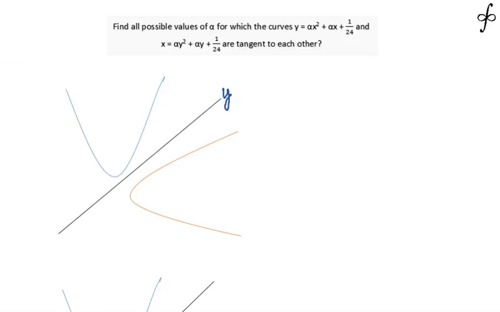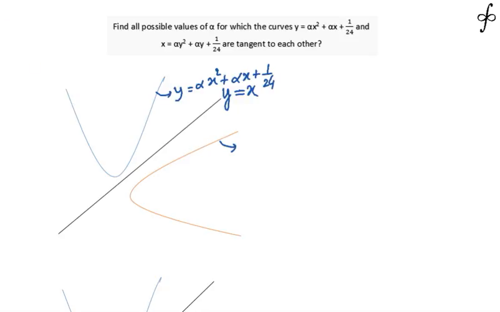So in the figure, this is the line y equal to x which is acting as a mirror, and this one is the graph of y equal to alpha x square plus alpha x plus 1 by 24, and this one is the mirror image of the graph having the other equation.